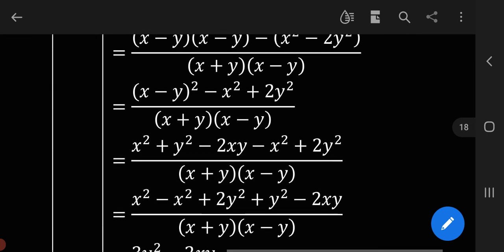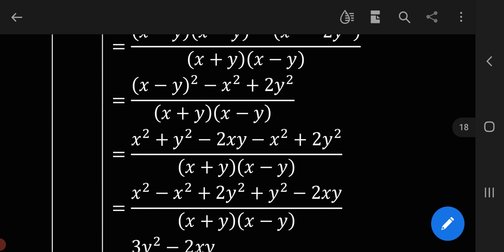Now we are coming to the next point. X minus y whole square, we already know this formula. First x square plus y square minus 2xy, then minus x square plus 2y square. Now we have these 5 terms in the numerator. So let's see which ones can be cancelled. One is plus x square and the second one is minus x square.